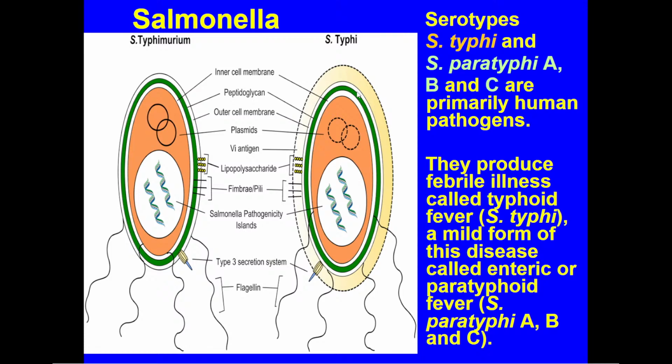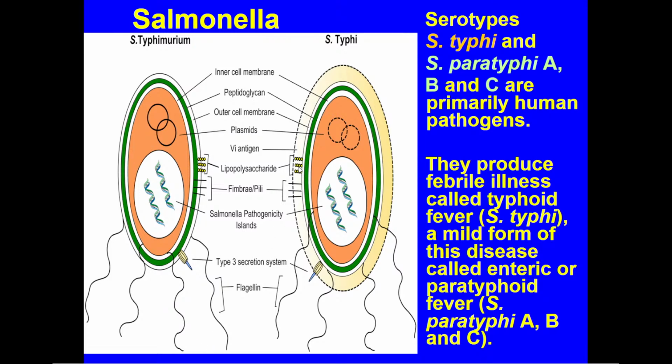Then Salmonella typhi produces a unique layer that is called Vi capsule. Don't forget, please, it is called Vi antigen. That is shown here, see? That is not shown in Salmonella typhimurium.